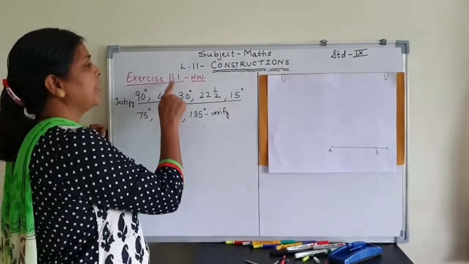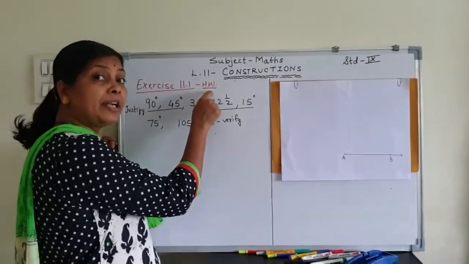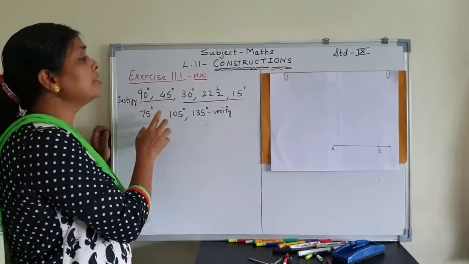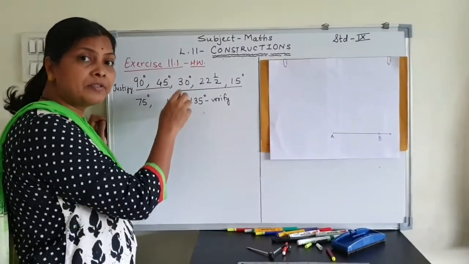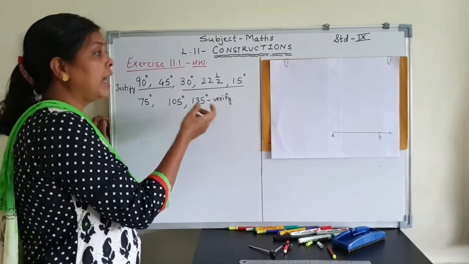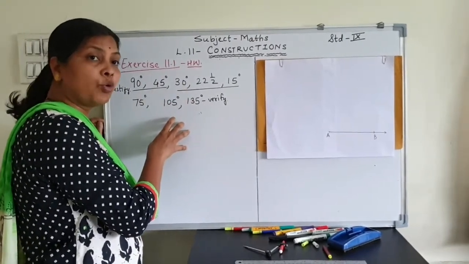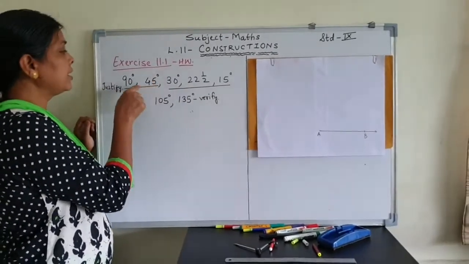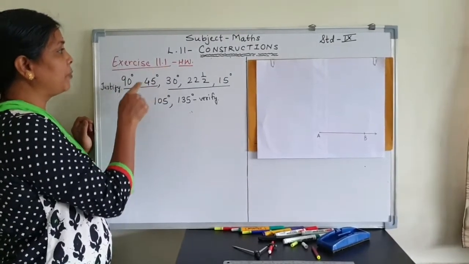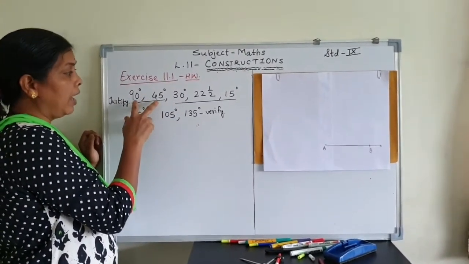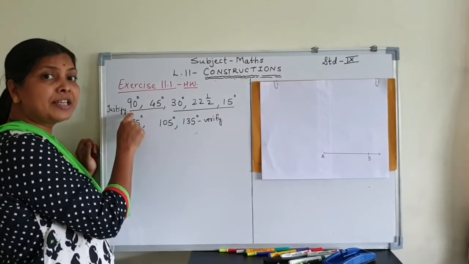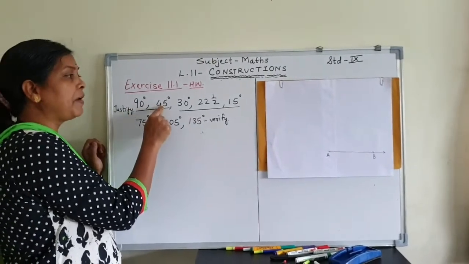Now exercise 11.1 is completely homework, but I am discussing with you what questions are asked in this exercise, and then you solve them as homework. In exercise 11.1, you have to construct and justify two angles, 90 degree and 45 degree.